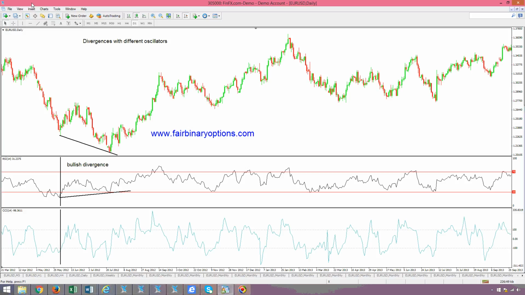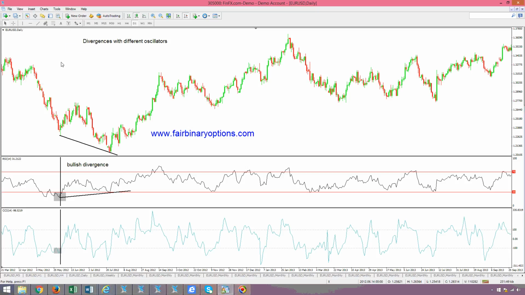The RSI here was in oversold territory with price as well. The CCI here was as well in oversold territory.